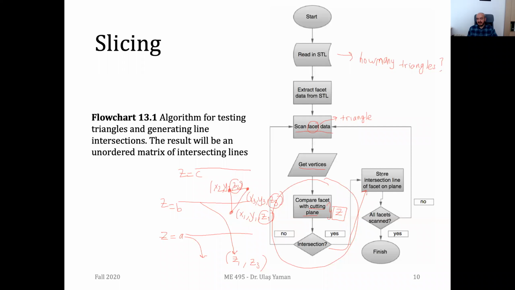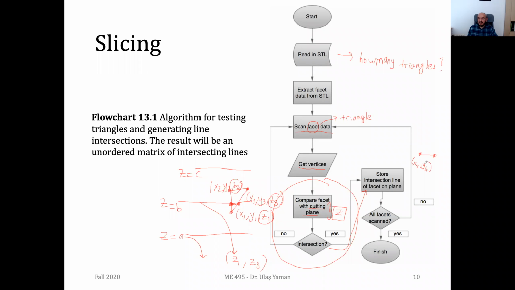What is written here is to store the intersection line of these facets with the plane. So this is the intersection, and I need to compute these intersecting points. This is the start of the line segment, and this is the end of the line segment. So I need to store these values. Let's say I have a value for x4 and y4.